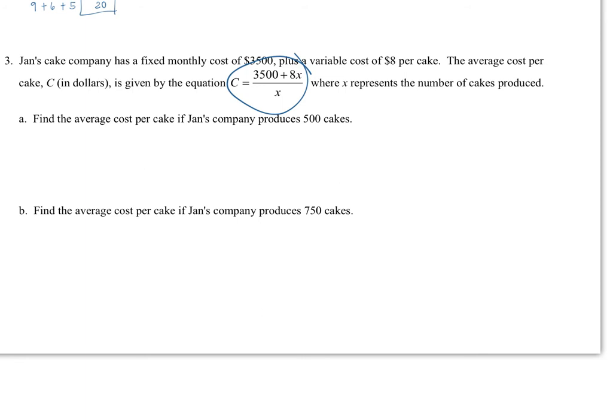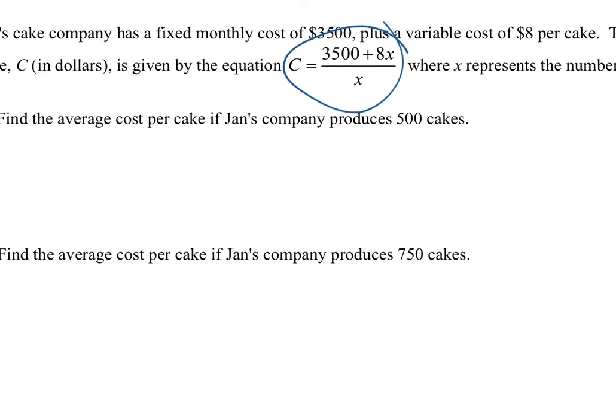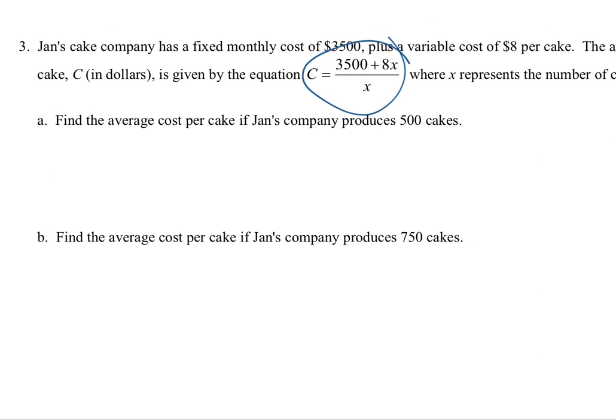Find the average cost per cake if Jan's company produces 500 cakes. All we have to do is plug the number in where there is a variable in that equation. So plug in the number 500 there.